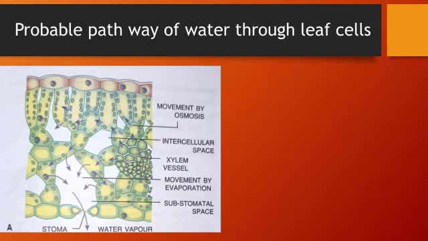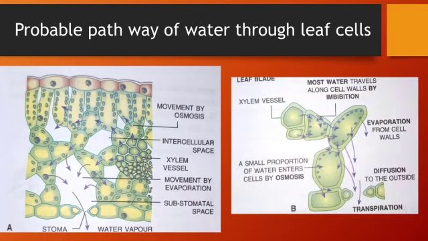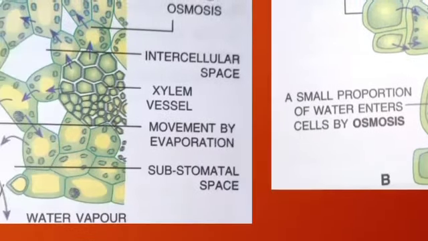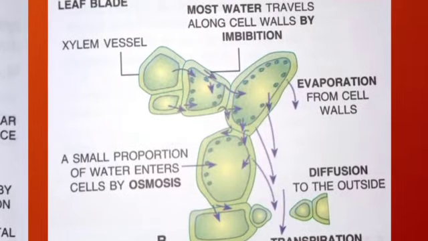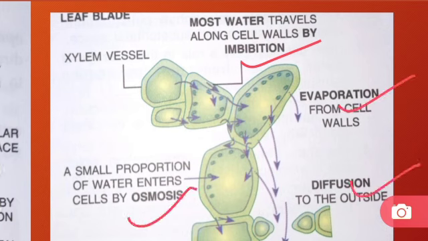So this is the structure of the stomata and the structure of the leaf. Here you can see the process of imbibition taking place, the process of evaporation, osmosis, and diffusion, all working together in the process of transpiration.